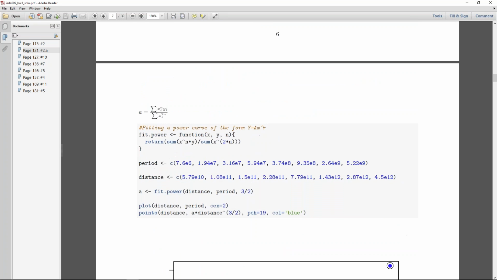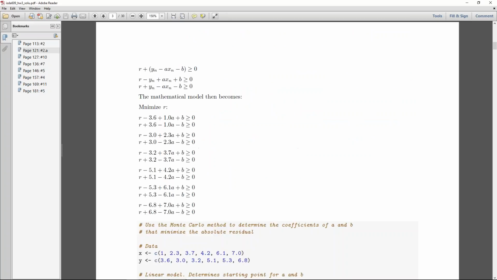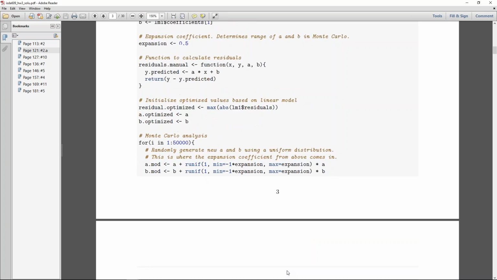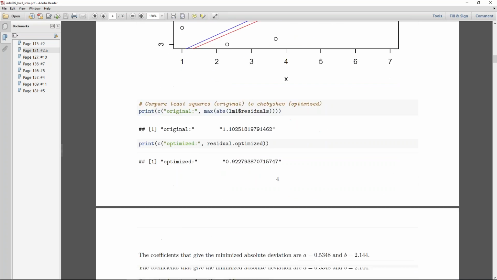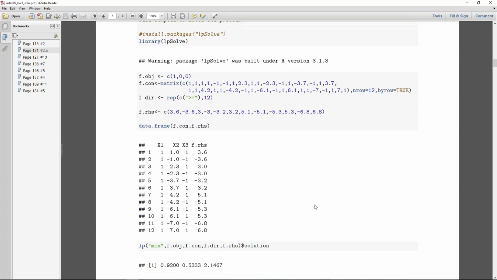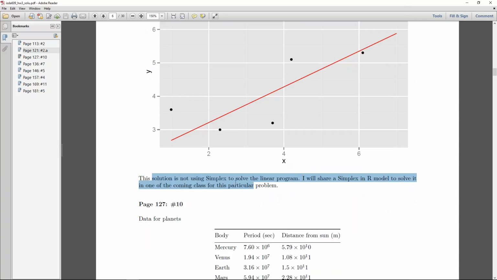Then I'm going to post all these homeworks, and if you're not following some of this format yet, definitely try to follow it for the rest of the semester, meaning try to be more comprehensive, explain the problem, write the code, and at the end give me some comments. For example, the coefficient is whatever, and why do you think that's a reasonable solution? What the solution is not using, or how you solved it, etc. So that gives you an example.